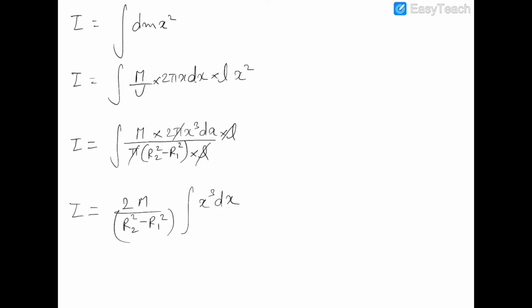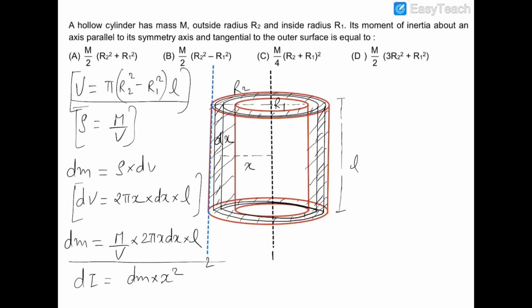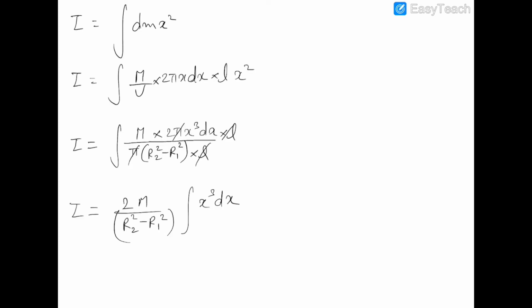Now the limit of x would be from inner radius r1 to the outer radius r2. So the limit of x would be from r1 to r2. Now I would be equal to 2m upon r2 square minus r1 square, and the integration of x cube is x to the power 4 by 4, and the limit would be from r1 to r2.